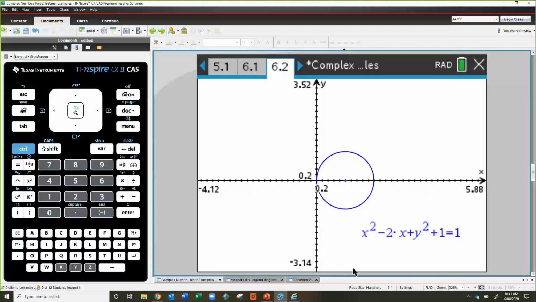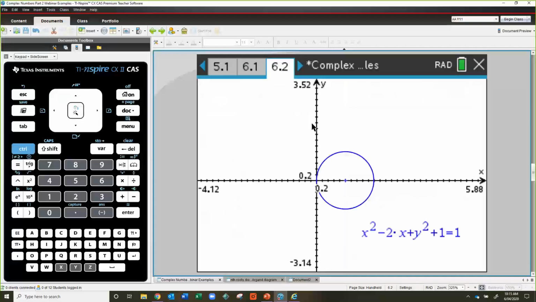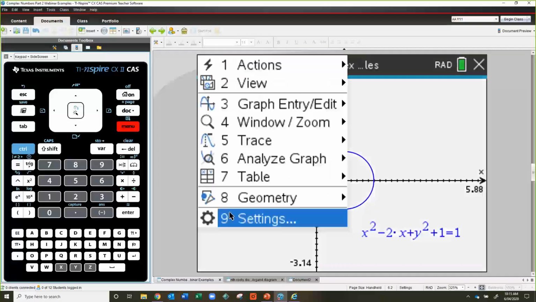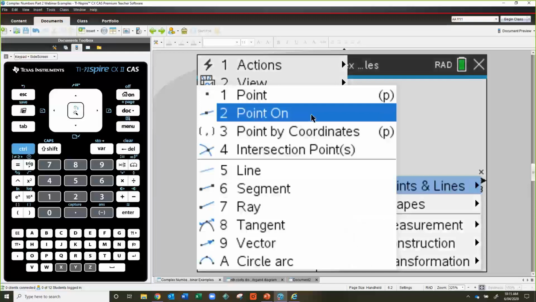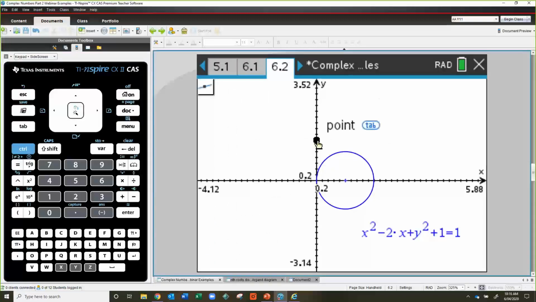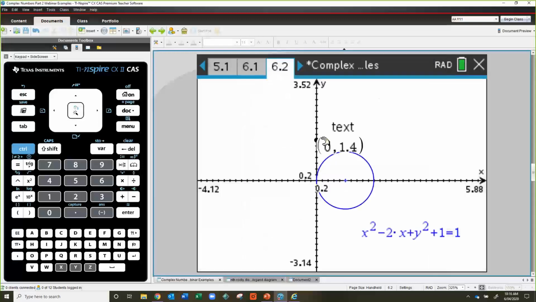So now that's our circle, and now in the question we had point I. So what I can do, I can use menu, geometry, points, lines, and I will put point on the axis. If you go Control menu on your calculator, you can get coordinates and equations.